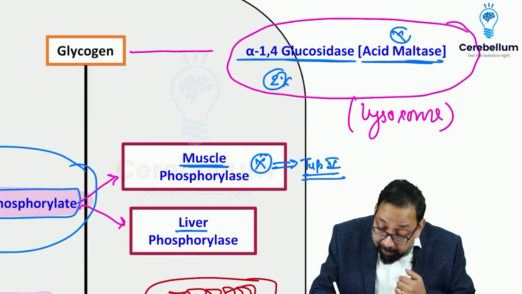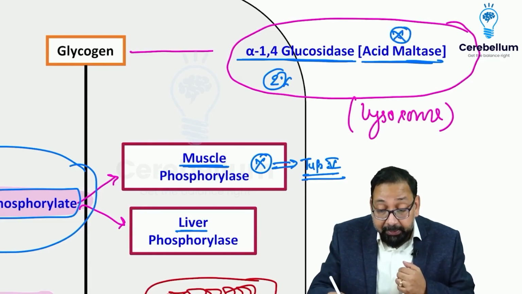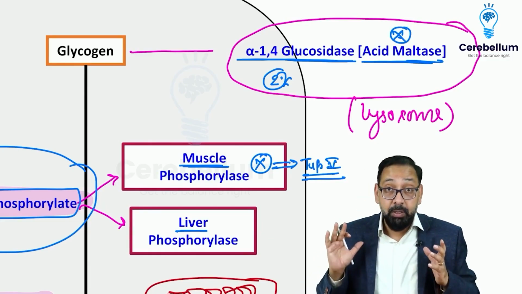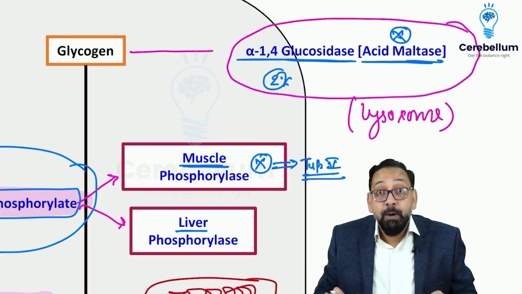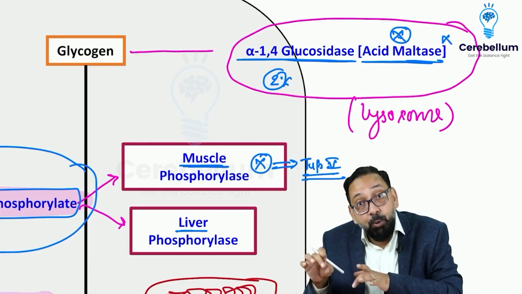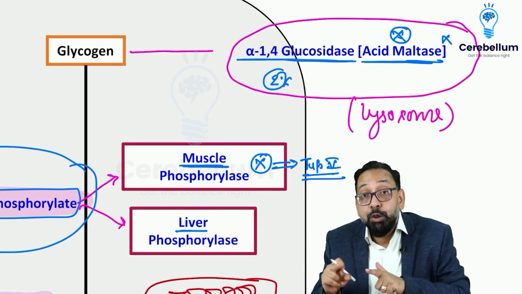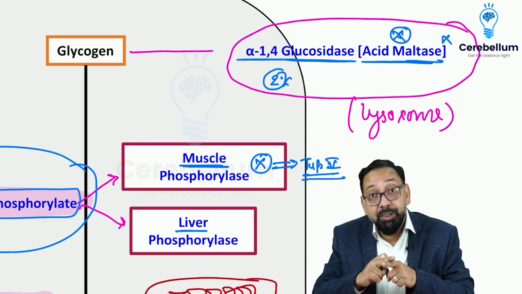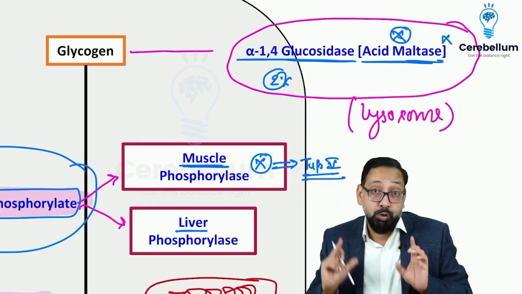If this acid maltase is deficient, it causes Pompe disease, type 2 glycogen storage disease. When this enzyme is deficient, glycogen will accumulate in lysosome, a lysosomal storage disease. So type 2 glycogen storage disease is also a lysosomal storage disease.